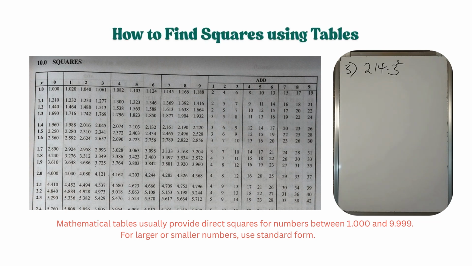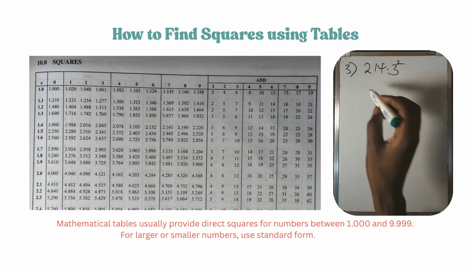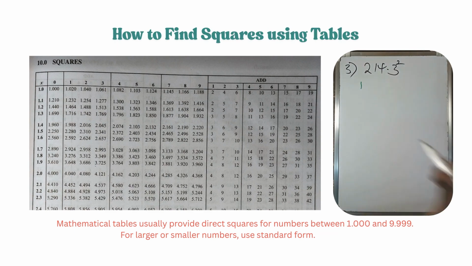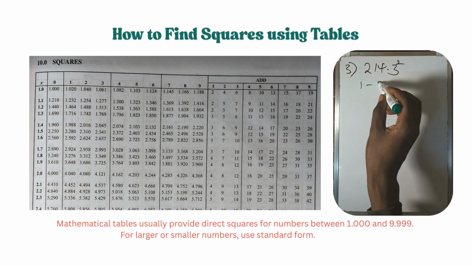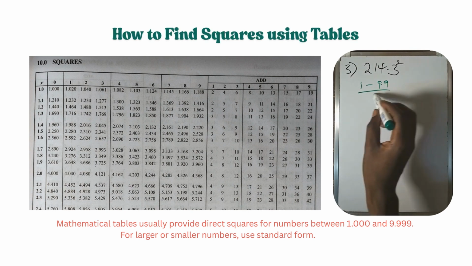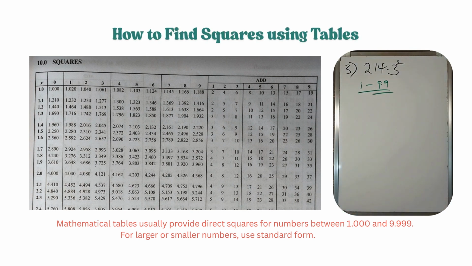Now, this is quite strange because the mathematical table of squares can only give us squares from 1 to 9.9. You can only find squares from 1 to 9.9 directly from the mathematical table.